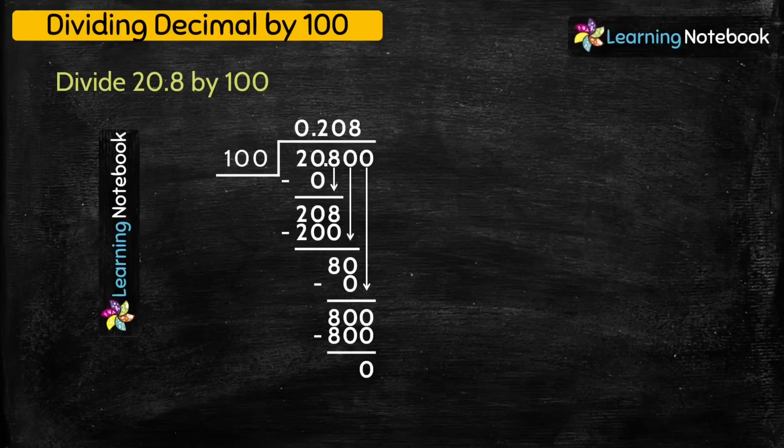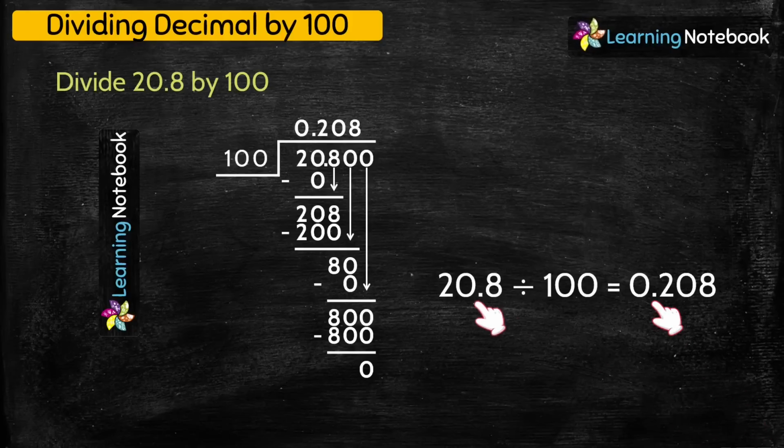So division is complete now. So students, our answer is 0.208. So here we can observe when a decimal number is divided by 100, the decimal point moves to the left by 2 places.